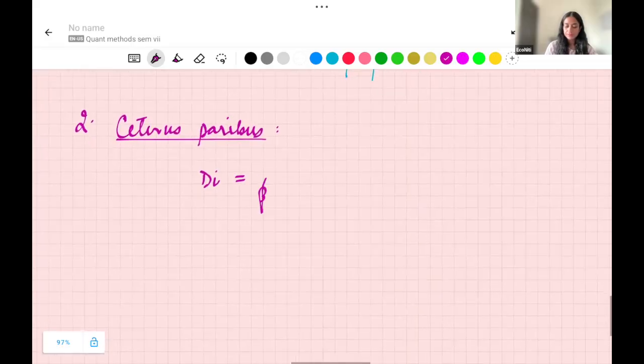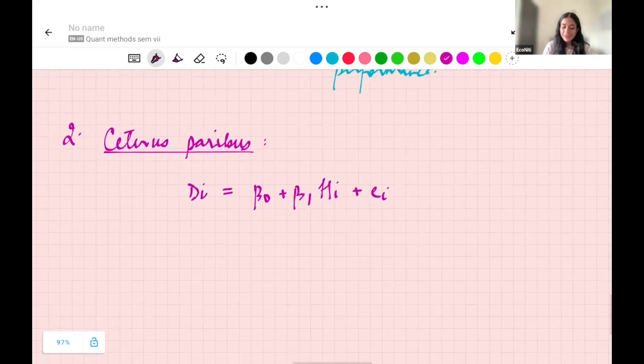and this is your beta naught, beta 1 hospitalization, right? So then in this error term there should be nothing that changes across these two groups, right?